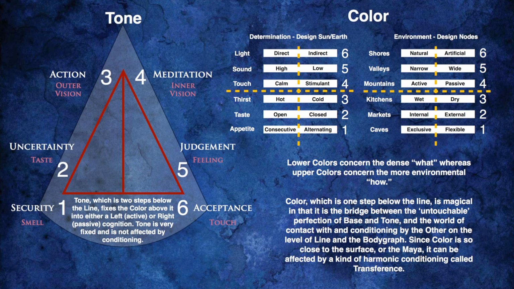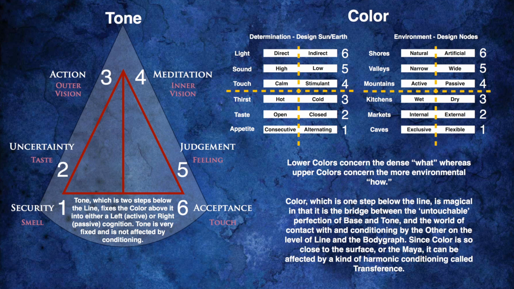Now, the lower trigram is related to the upper trigram in a fascinating way, where the 1 and the 4 have something in common. They're different, but they have a lot in common. And the same thing goes for the 2 and the 5, and the 3 and the 6. And you could say the lower trigram is personal, and the upper trigram is transpersonal.